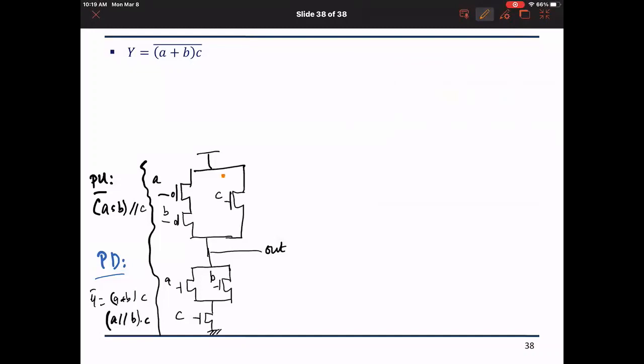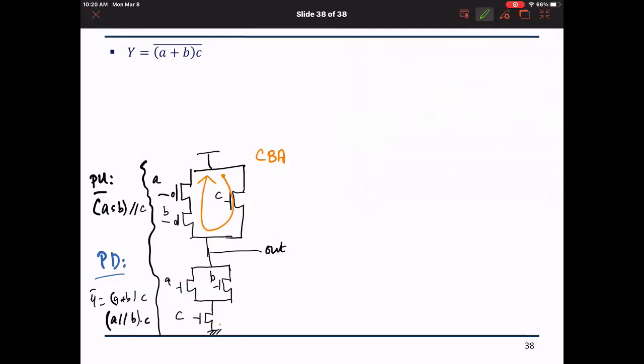Typically, it is always good to pass through out once, so we make the out a transition so that we have less capacitance. So I can visit C, then B, then A. So this is C B A in this order. And in the pull down, can I visit C B A?